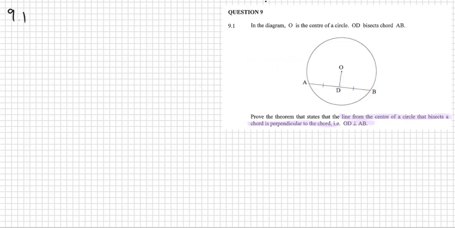First step, a proof always starts with a construction. In this proof, we construct OA and OB. So you write this: construct OA and OB. Then we take these two triangles, the triangle this side and the other one, and we want to prove that they are exactly equal.